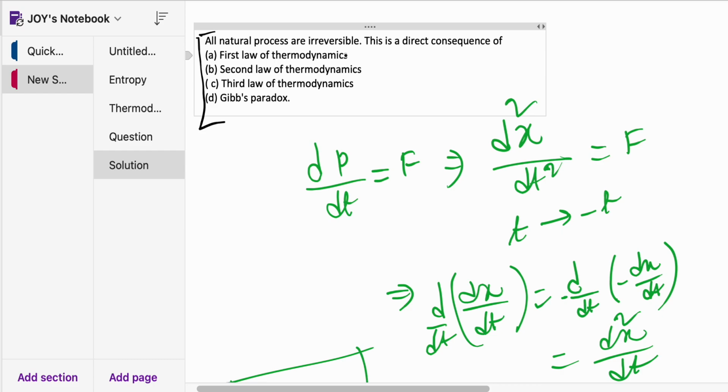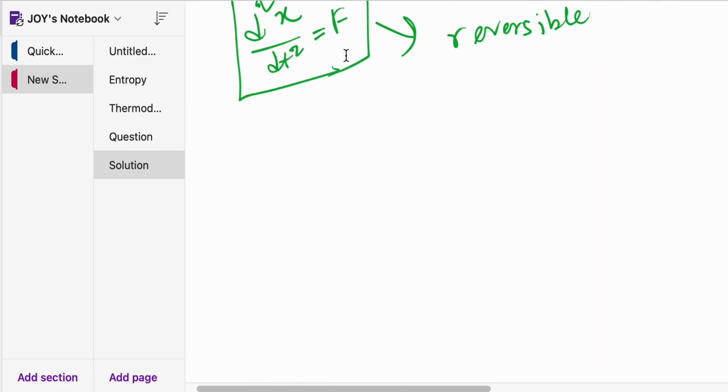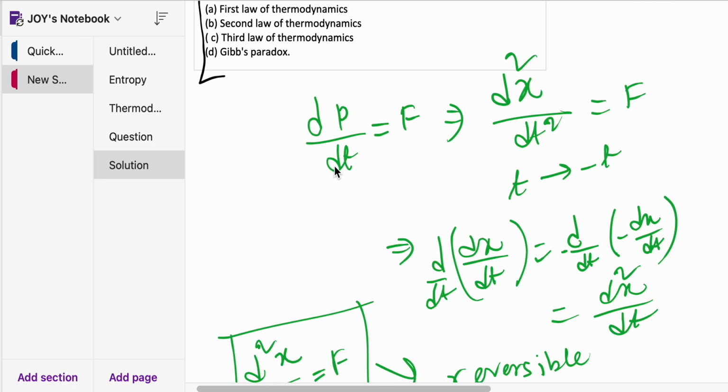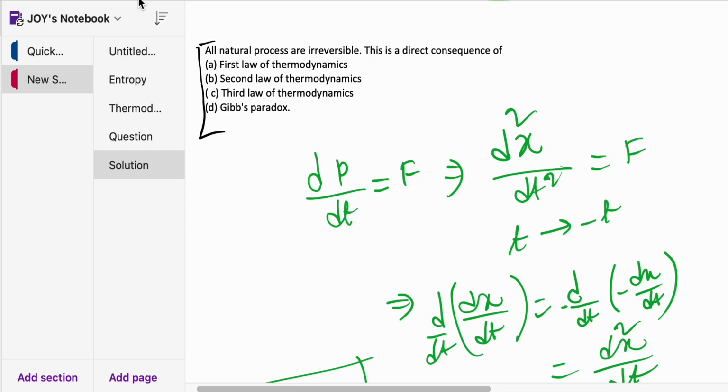The entropy is increasing means that if I reverse the process, I will not reach the same initial conditions. That means the second law tells us about the irreversible nature of natural processes.